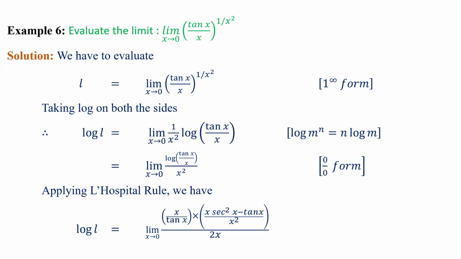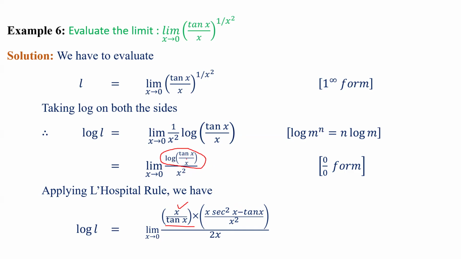Let me again explain it. We want to find the derivative of log(tan x / x). Here the derivative of log x is 1/x, so 1 upon (tan x / x), and if we write it in correct form, the x goes to the numerator and tan x will be in the denominator, multiplied by the derivative of u by v.